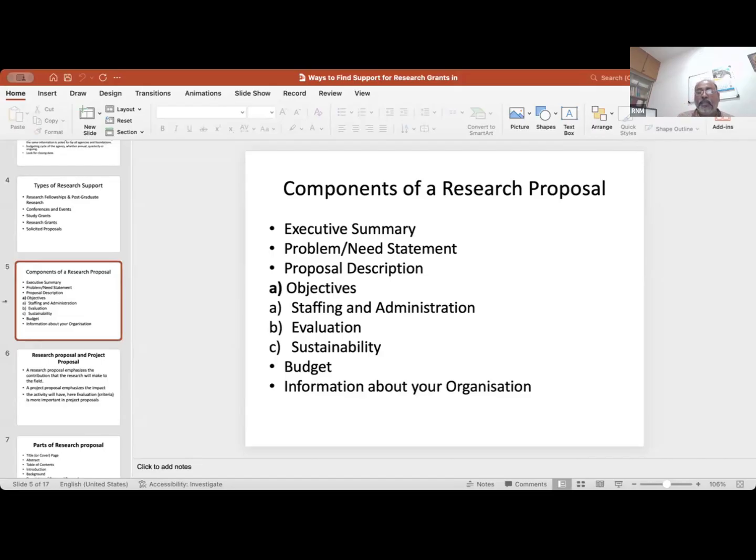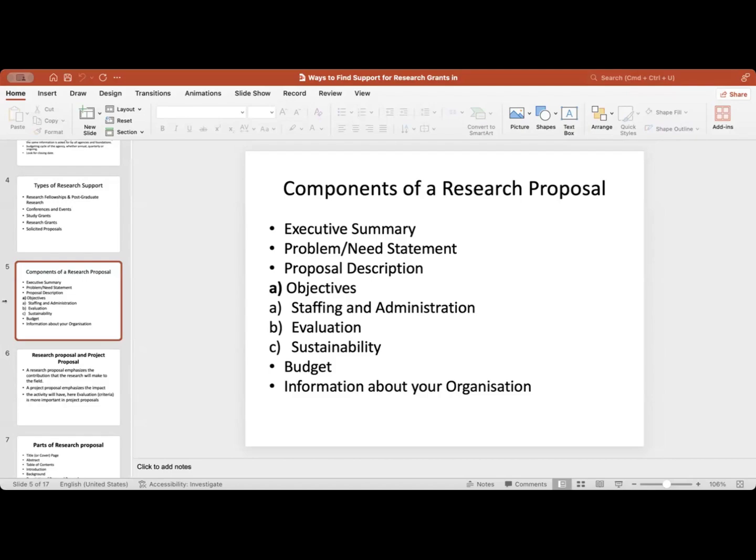It starts with an executive summary, then a statement about the problem, how the proposal is going to work, its objectives, how staffing and administration of the project will be done, evaluation, and sustainability.